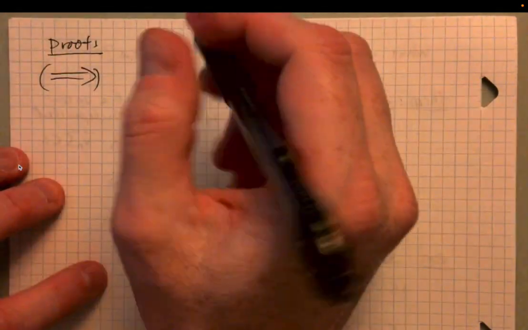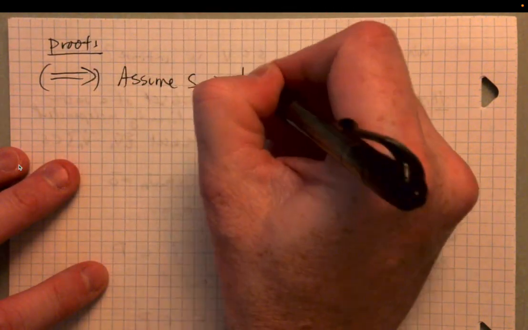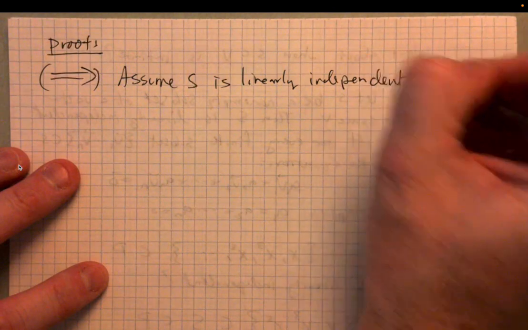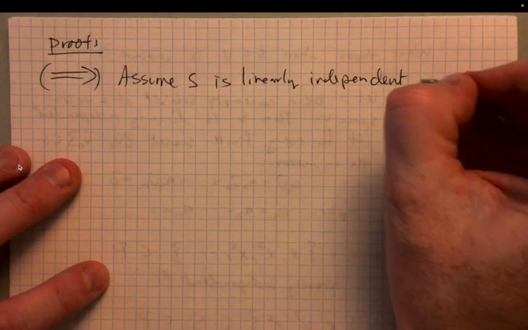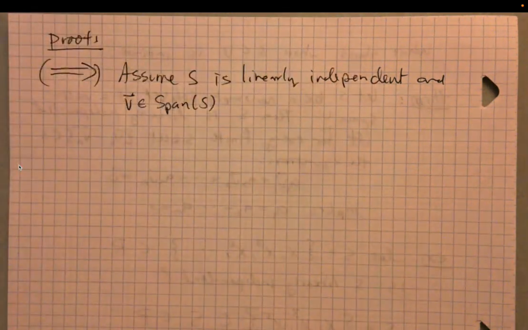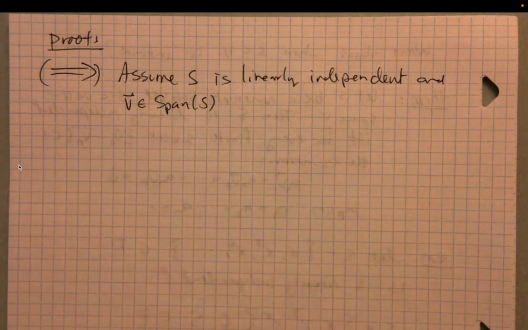So this is an if and only if. So let's start by going one direction, and in this direction we'll assume S is linearly independent. We'll assume S is linearly independent and that V is in the span of S. Okay, and what we're going to do is assume the reverse. We're going to assume that V can be written using two distinct linear combinations.